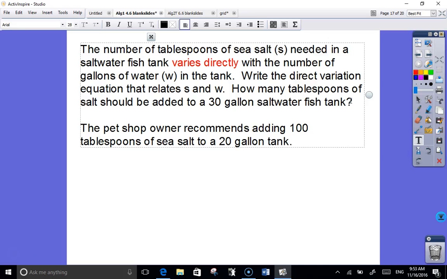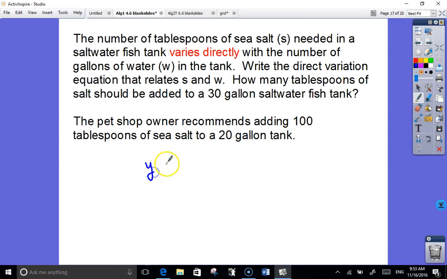Okay. So what's going to be the equation? I mean, usually we say it's like y equals kx. But we're not using x and y. We're using s and w. So which one is going to go in the place of y? Which one goes in place of x?